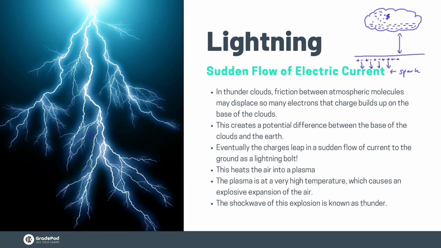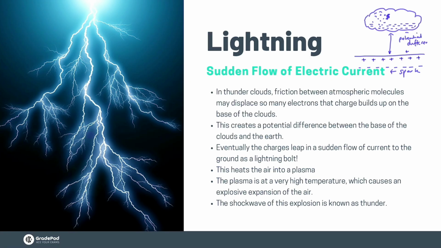And if I redraw this diagram, just bear with me. Like charges repel. Then the positive charges stay where they are. But because the negative charges have been repelled because of the thundercloud, then what we get is a potential difference, because that's positive, that's negative, it's a potential difference.